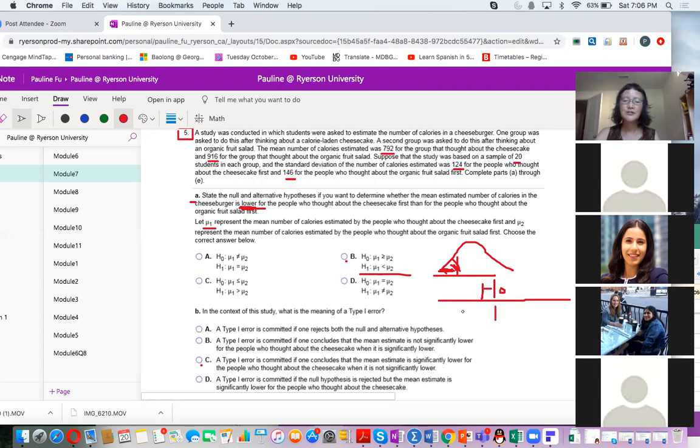It is either true or false. H0 is true or H0 is false. There is no third choice for H0. So this is on one hand, H0 is either true or false.